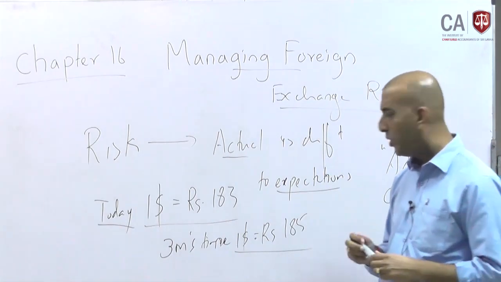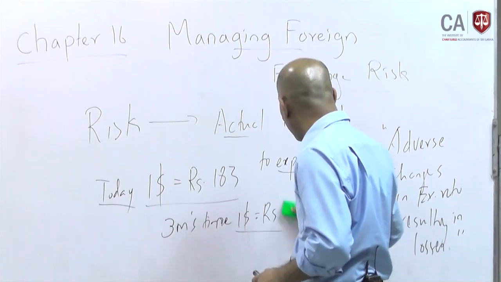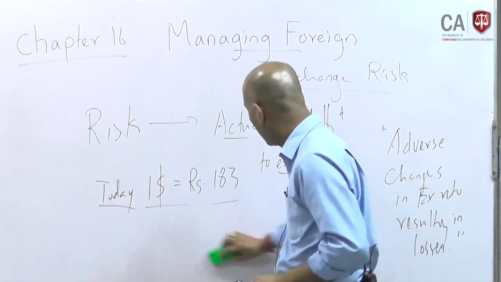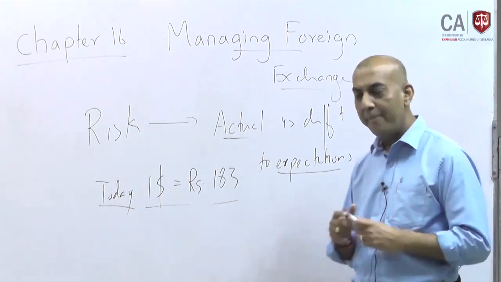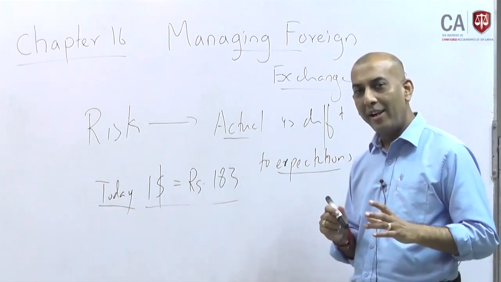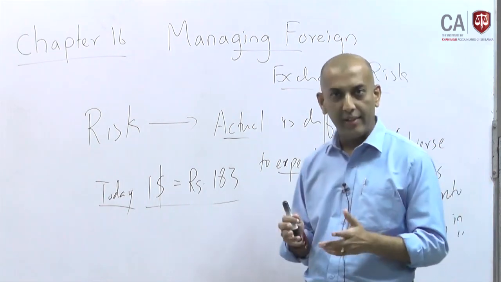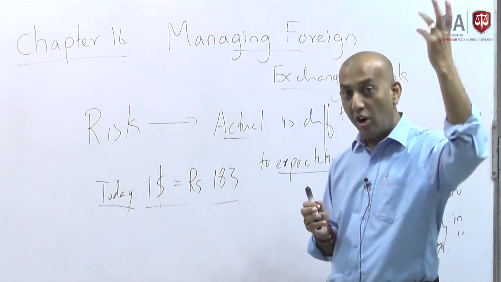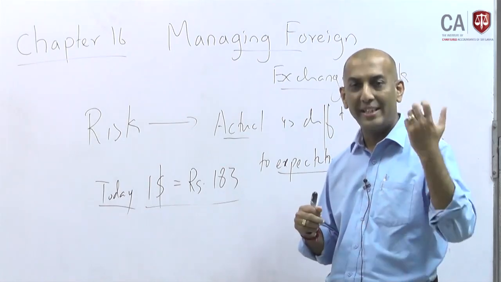3 months down the road, your $1 can become 185. So if it's going to be 185, who is going to gain and who is going to lose? If you are an exporter, you receive dollars from other countries. So as a Sri Lankan company, you will be receiving dollars.